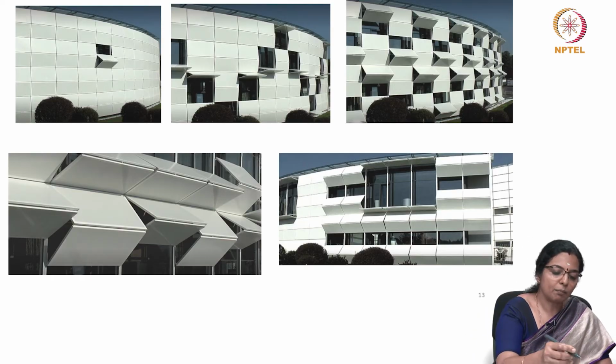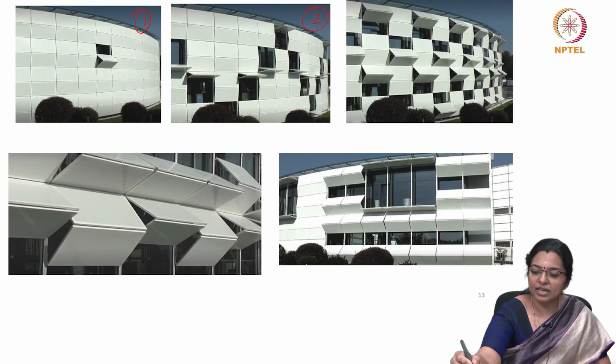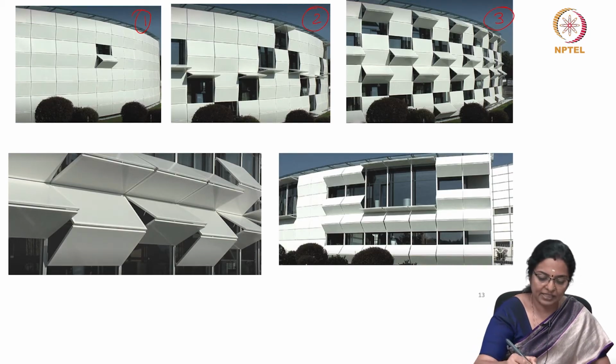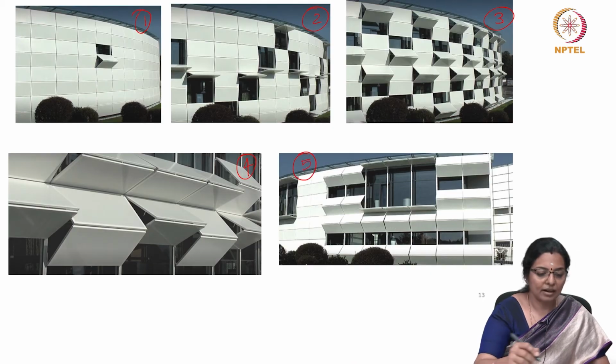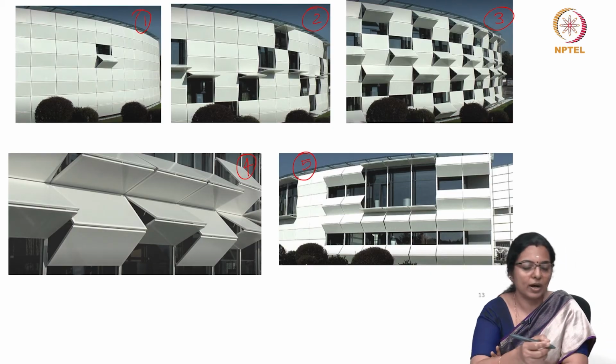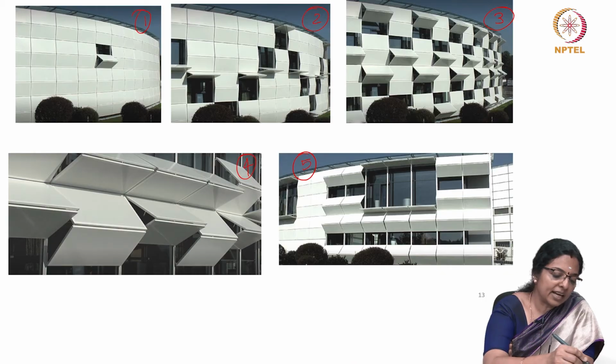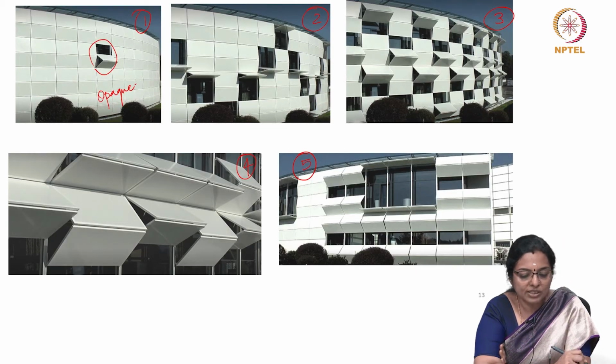I will number this picture for ease of reference as we speak. So in figure 1, you can see the entire facade has become opaque. So it's an opaque facade where nothing much is known or seen.